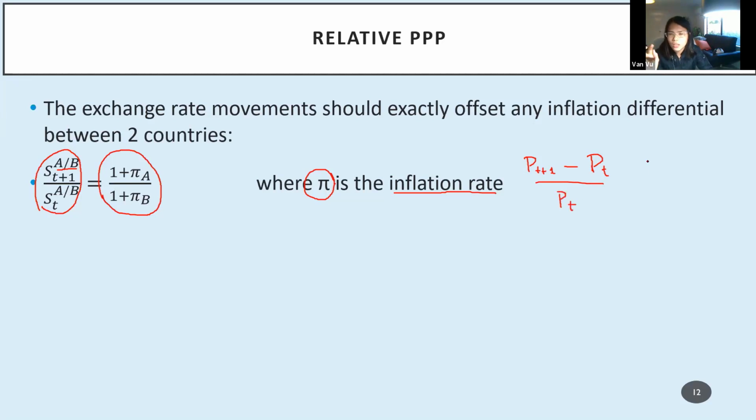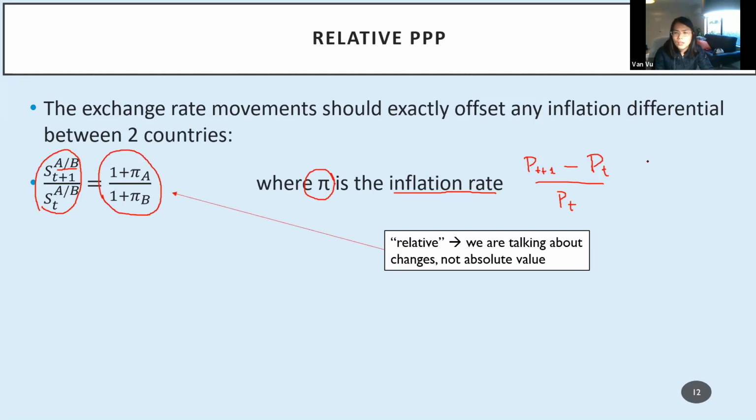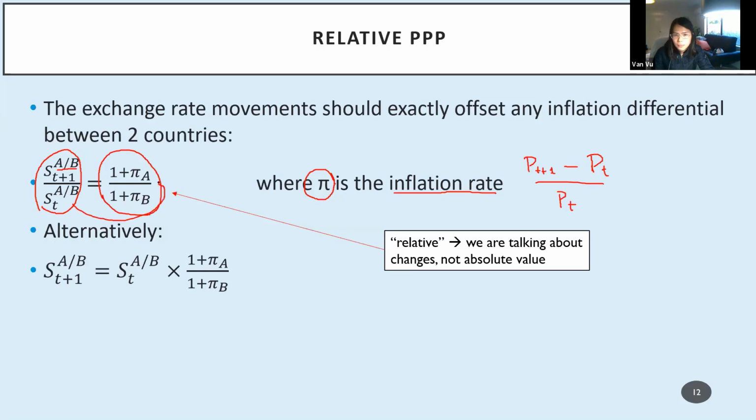So inflation is the change in the price level. So we say this is relative because we're talking about changes, not absolute value, okay? Alternatively, we can also rearrange the equation so we can bring this to the right-hand side, and that's exactly the same, okay?